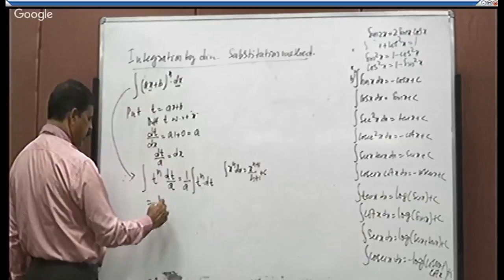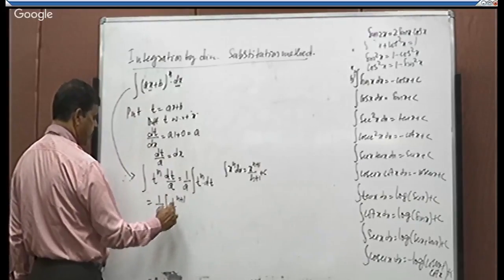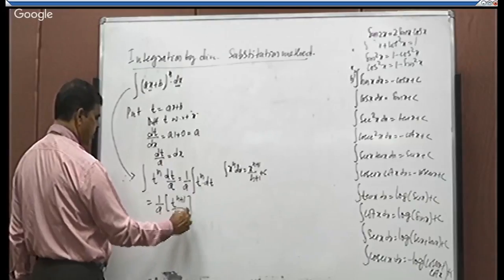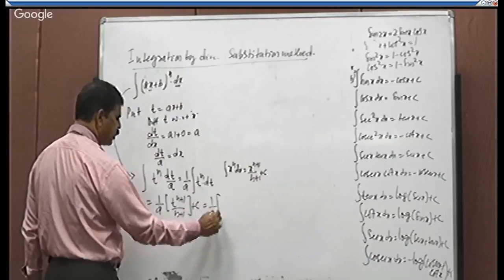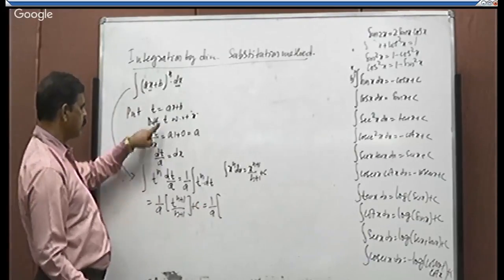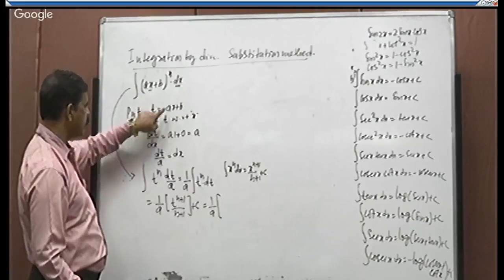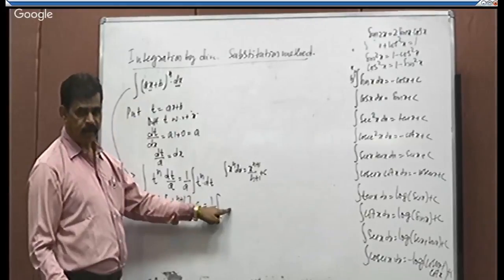It is 1 by a into t to the power of n plus 1 divided by n plus 1, plus c. Now, what is t? Replace it. Substitute the t value back. T is equal to ax plus b. Because the integral is in x, the answer should be in x only.